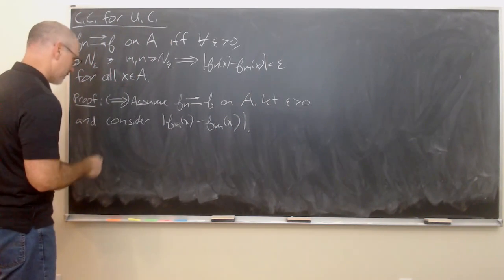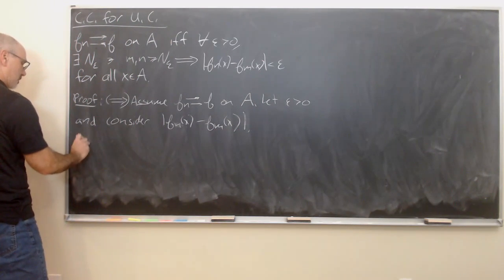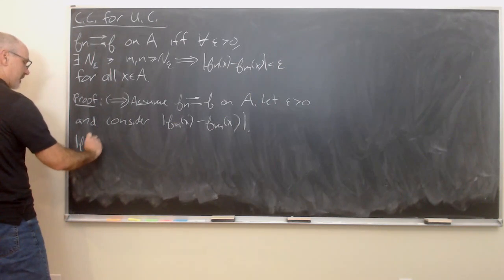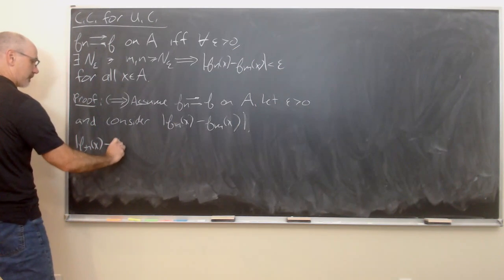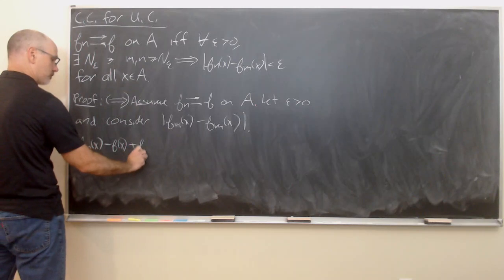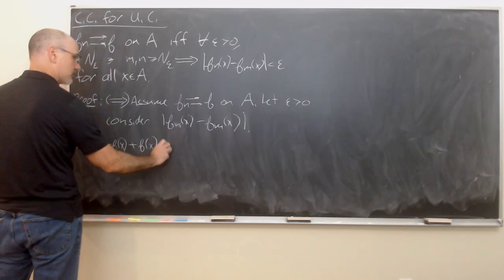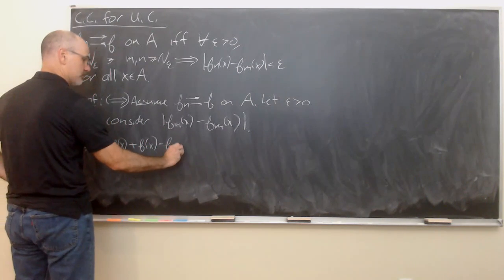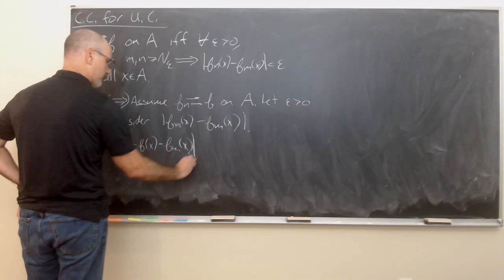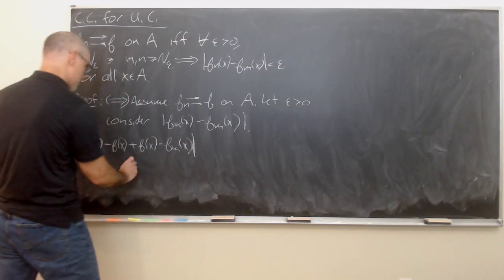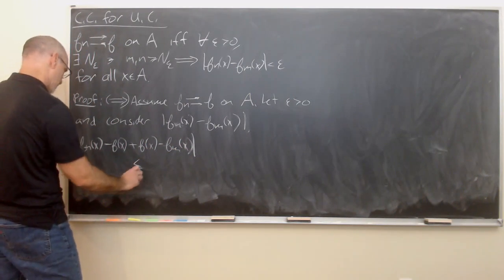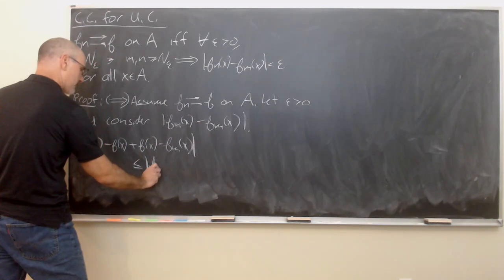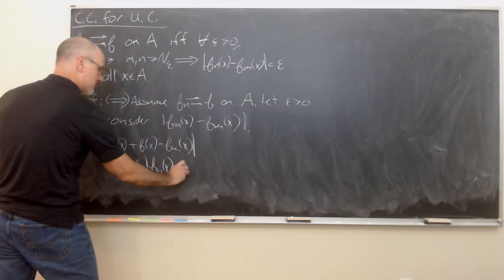And let's do kind of our standard trick. We're going to add and subtract f of x inside the absolute value. And so if we come crashing through with the triangle inequality, then I get two pieces.